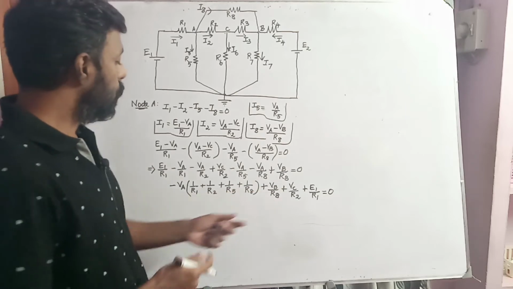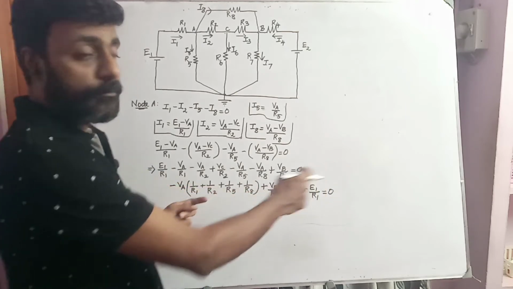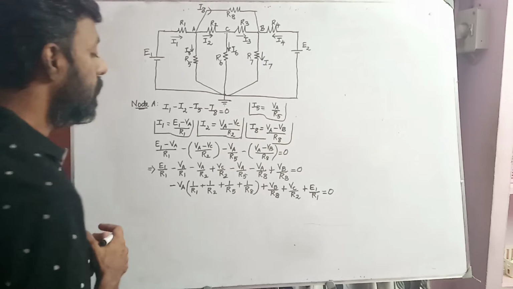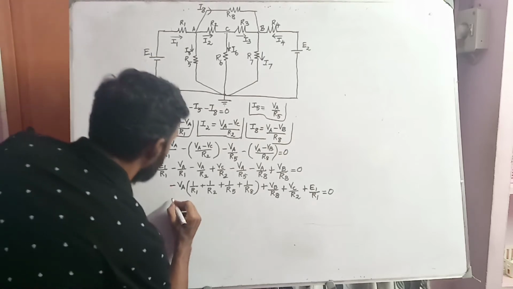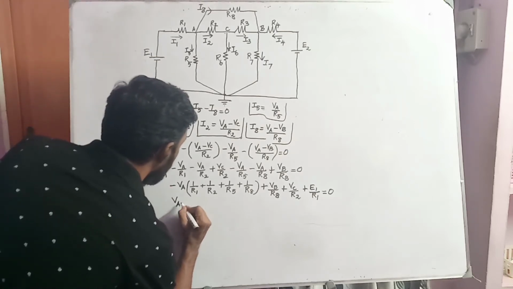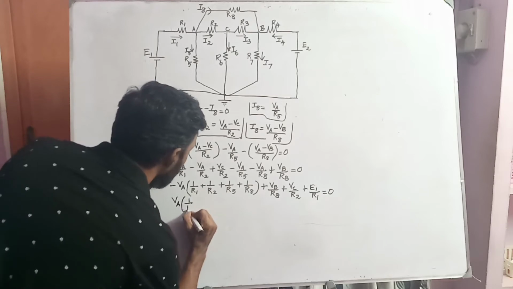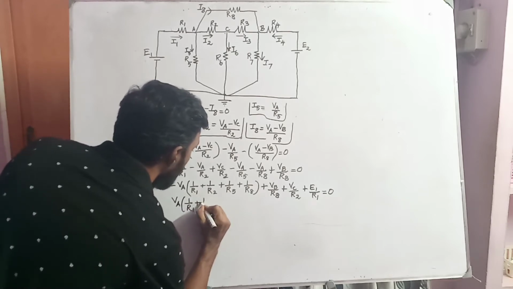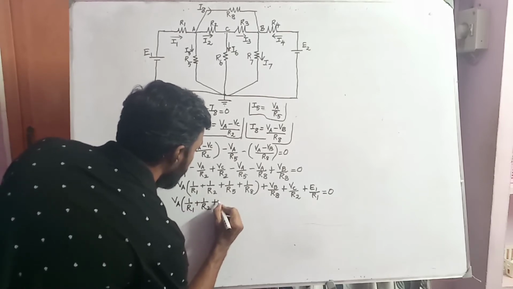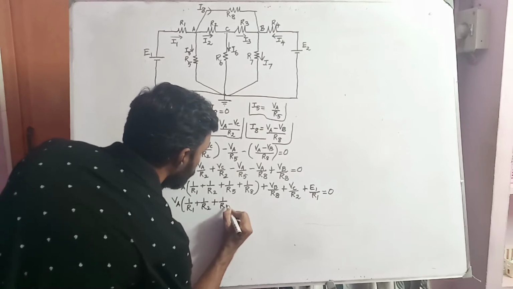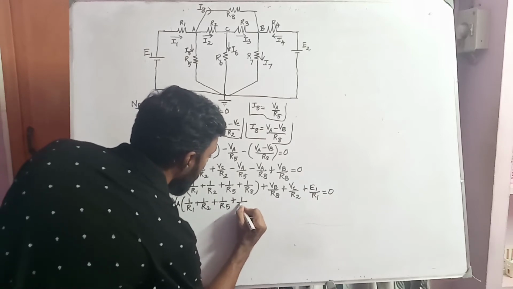So what I'm going to do is change the signs. If I change the sign, it will be VA into 1 by R1 plus 1 by R2 plus 1 divided by R5 plus 1 divided by R8.